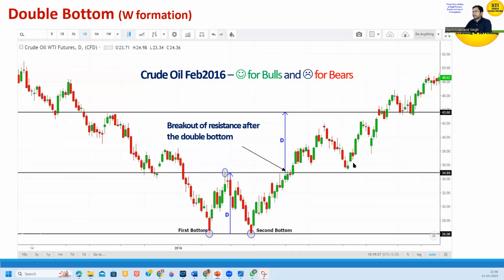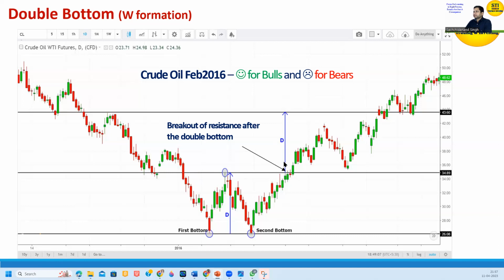Once we draw a resistance at this level, and the chart is again trying to reach this point, we need to wait. When this line finally breaks, or the final breakout happens, that price point becomes the ideal entry point.